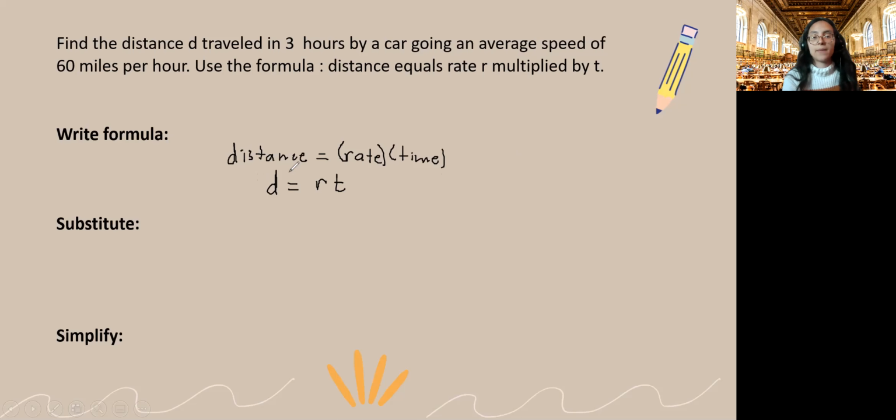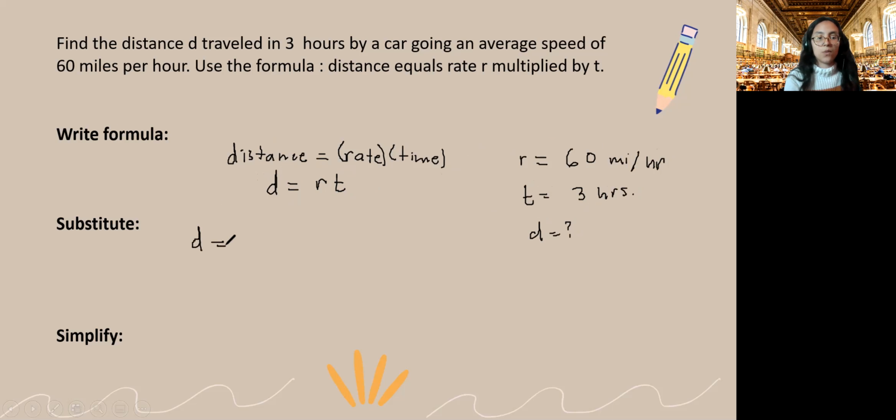Now we're going to substitute our values to find distance. If we look at the problem again, it said that the average speed of the car is 60 miles per hour. So I'm going to write here off to the side, rate is equal to 60 miles per hour, and time is going to be 3 hours. And we want to know what is d. That's why we use this equation. Now we're going to substitute to find d.